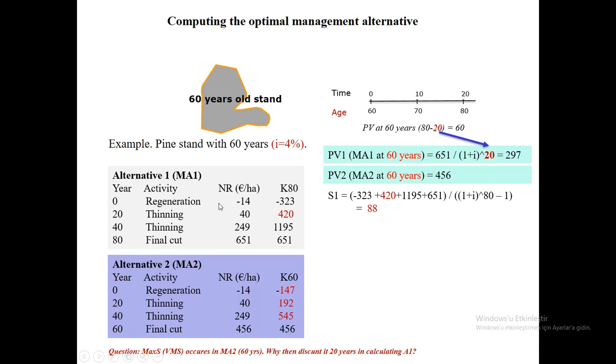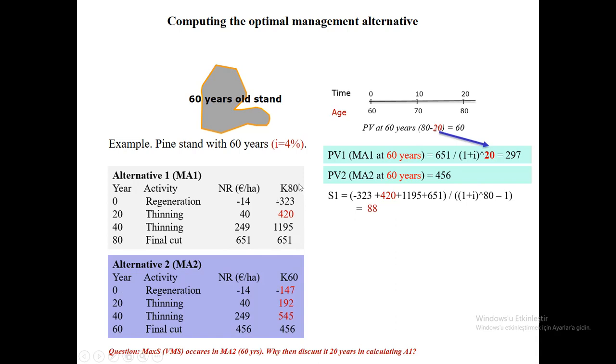If we were to calculate the future value for regeneration, it becomes 323. For thinning, 420. For second thinning, 1,195. For the final harvesting it is 651, because it occurs at the age of 80. So the net return is going to be the same as the future value.